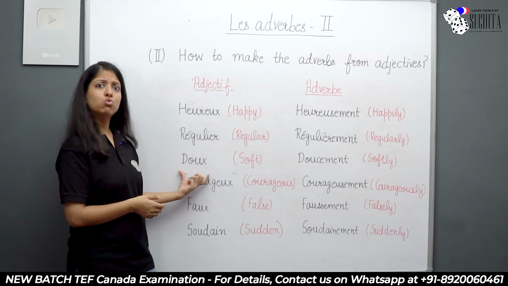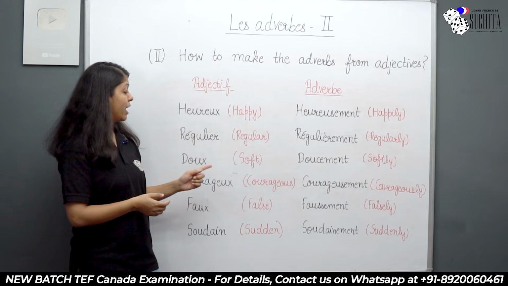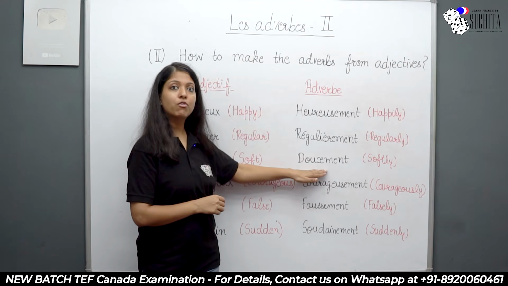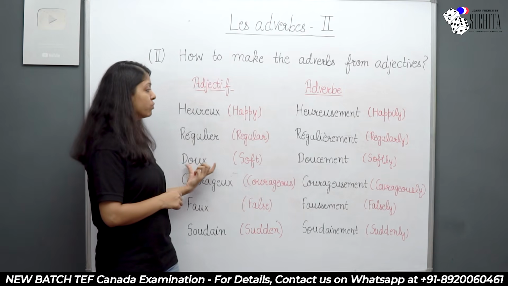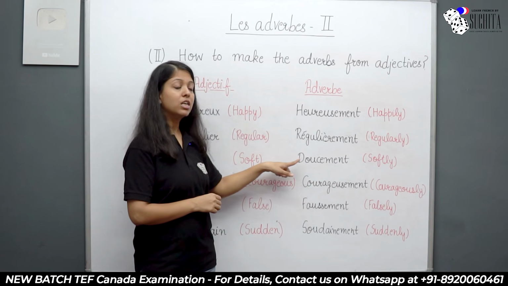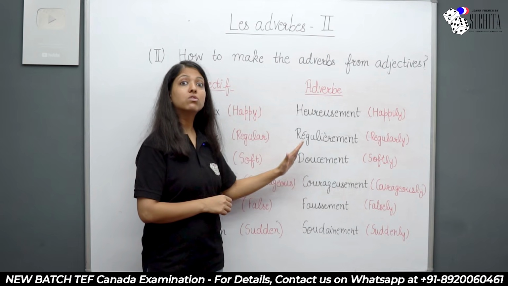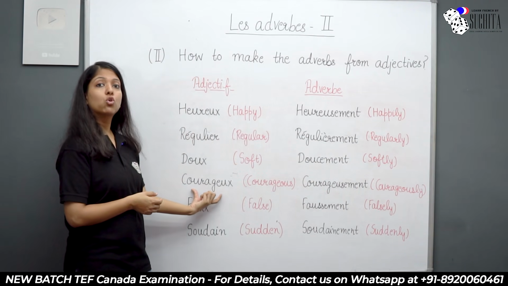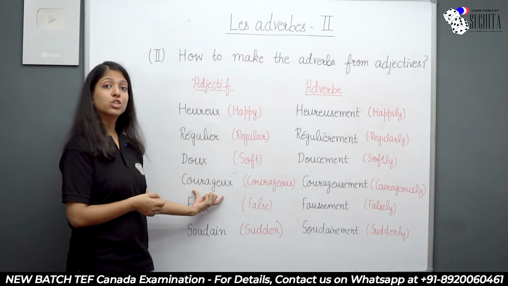Next is doux. Doux, which means soft. Again, that ends with a consonant. So first you need to make its feminine. So doux, douce. That is its feminine. Doucement, softly.